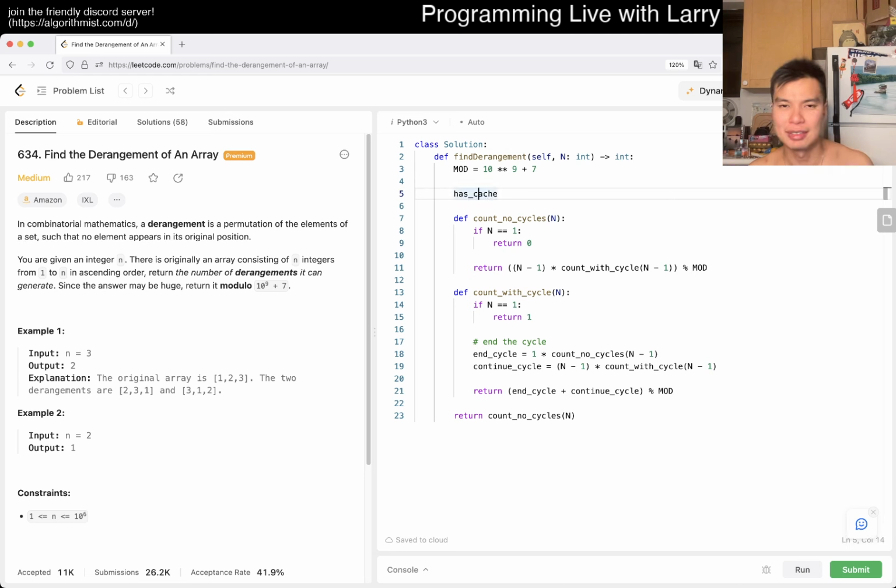So has, maybe cycles has cache is equal to, right?